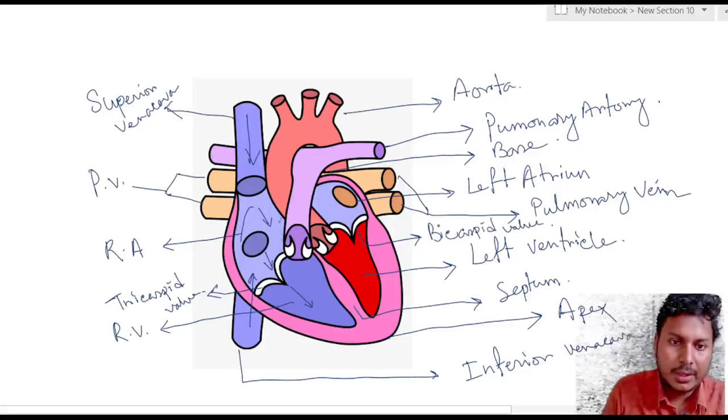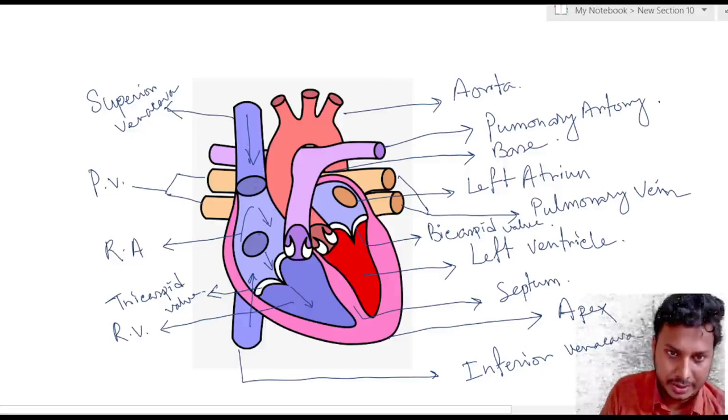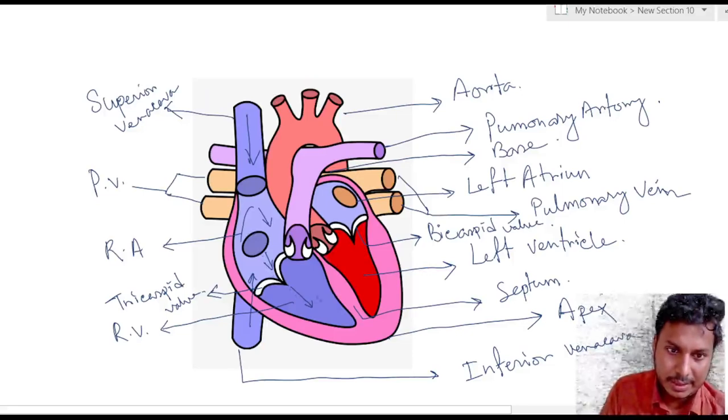At first, deoxygenated blood comes to the right atrium from the superior vena cava and inferior vena cava, and it gets pushed, and the blood comes to the right ventricle. The tricuspid valve opens, and blood comes here.